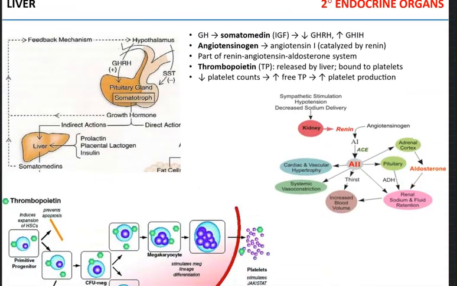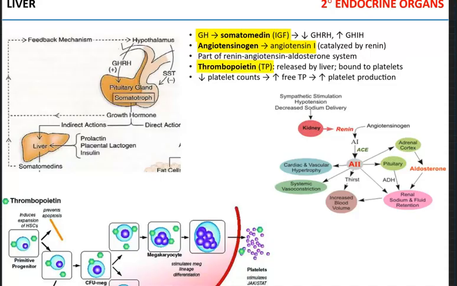Liver produces a bunch of hormones. So we already learned about insulin-like growth factors that are part of the growth hormone regulation. Angiotensinogen, which is converted into angiotensin. It's a liver hormone that regulates your blood pressure.